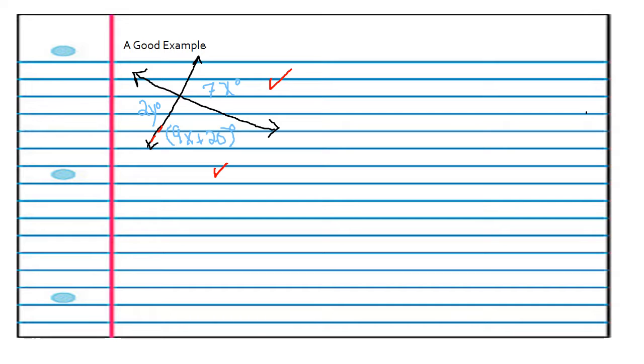Okay, so I'm going to show you this straight line here. And a straight line, the angles always equal 180 degrees. The next thing is, do we have angles that are vertical, opposite each other? Vertical angles are always congruent.